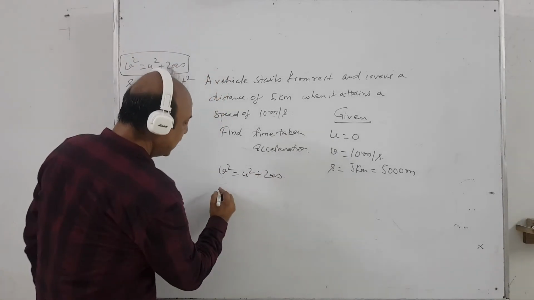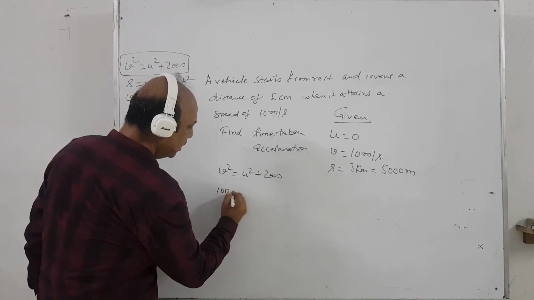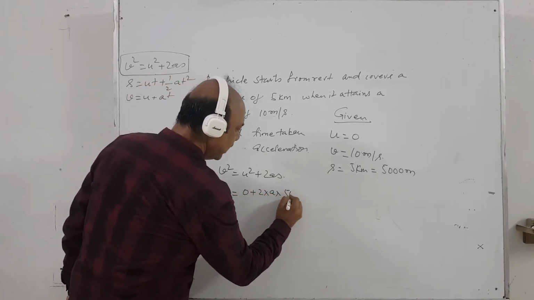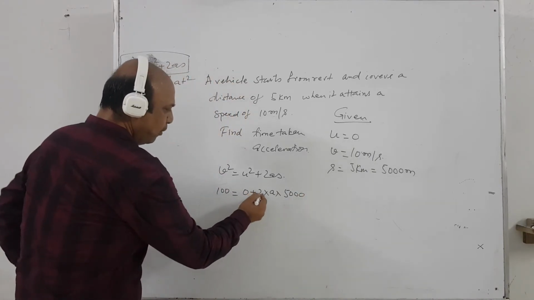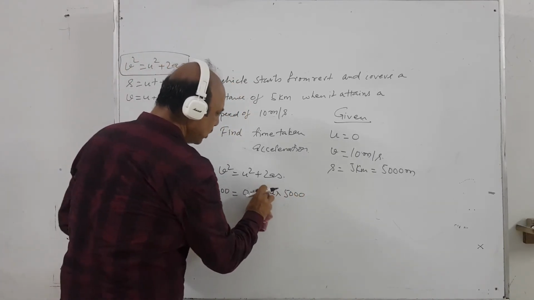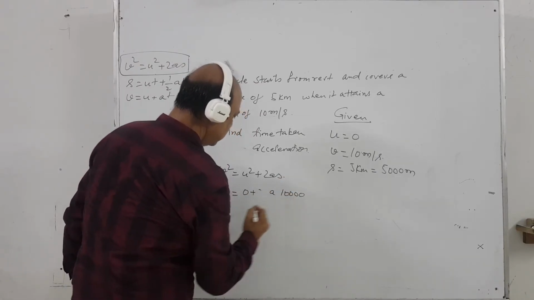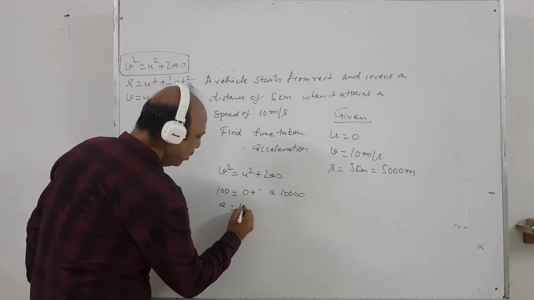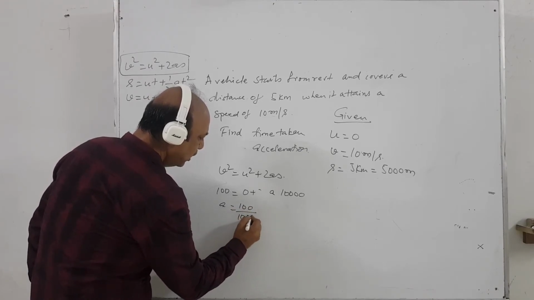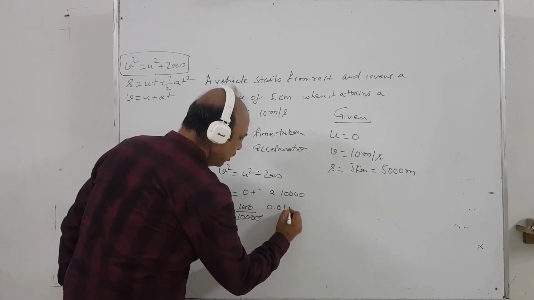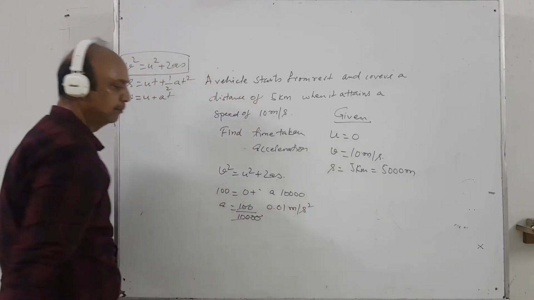V is given as 10, so 10 square is 100 is equal to 0 plus 2 into A into 5000. 5000 into 2 makes it 10,000, so I will write directly 10,000. Or A is equal to 100 upon 10,000, which makes it 0.01 meters per second square.